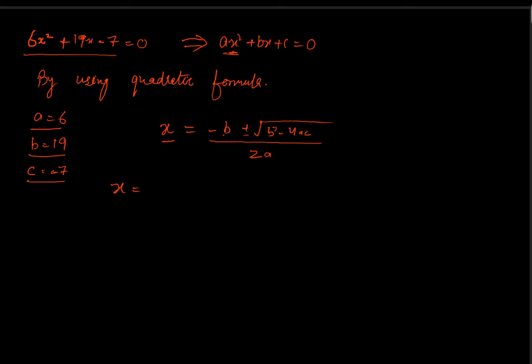x equals negative b, so you'll write negative 19, because b is 19, plus minus square root of b squared, meaning 19 squared, minus 4 times ac. a is 6 and c is -7, divided by 2 times a, so 2 times 6.